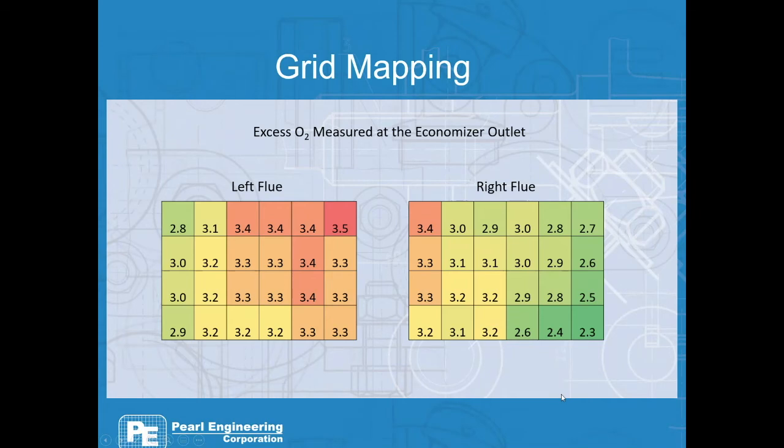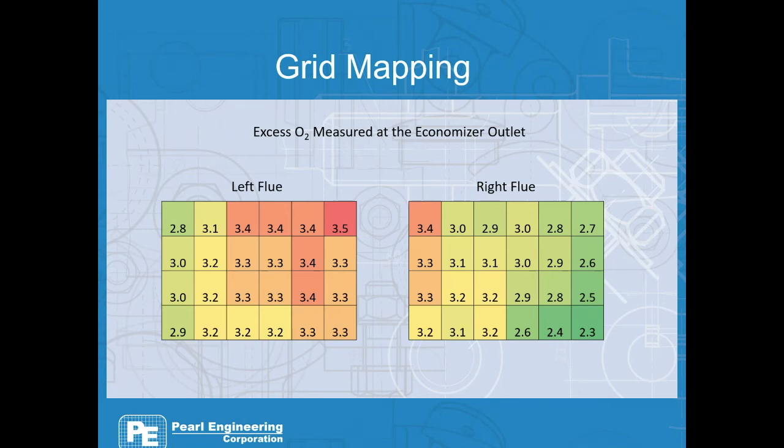With combustion tuning, here's a sample of a map. Say you install a temporary grid, and this example is 2 flues leaving your economizer, and you're measuring 4 deep and 6 across each flue. You can see that in most units, you're not going to have a laminar value for O2 or CO or NOx.